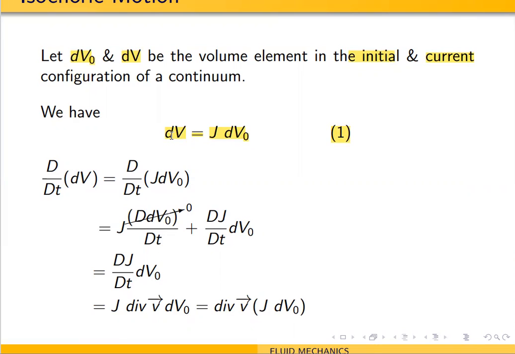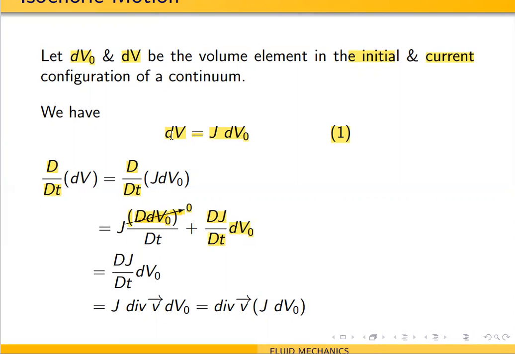We'll take the material time rate of change on both sides. So d by dt of dV equal to d by dt of J dV naught. And J dV naught is a product of two functions, J into dV naught. So using the product rule, we take J as it is, differential of dV naught, plus dV naught as it is, differential of J. And we know that V naught is constant or fixed.